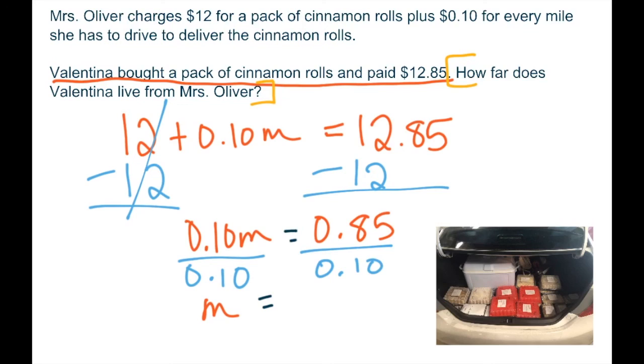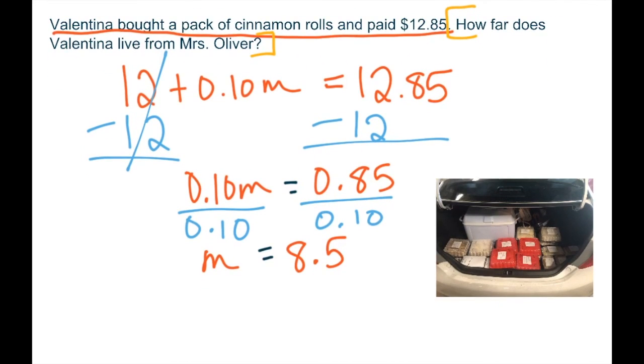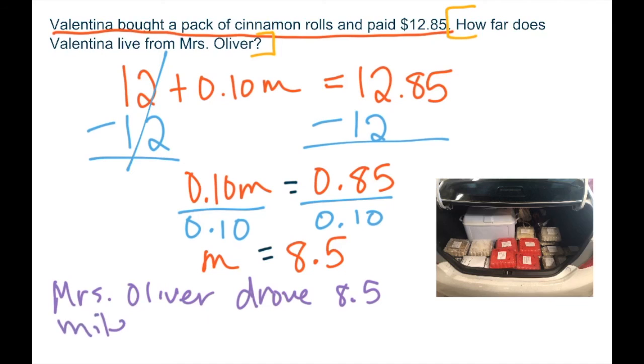And if I do 85 cents divided by 10 cents, I get 8 and 5/10. So what this means in terms of this problem is that Miss Oliver drove 8 and 5/10 miles to Valentina's house.